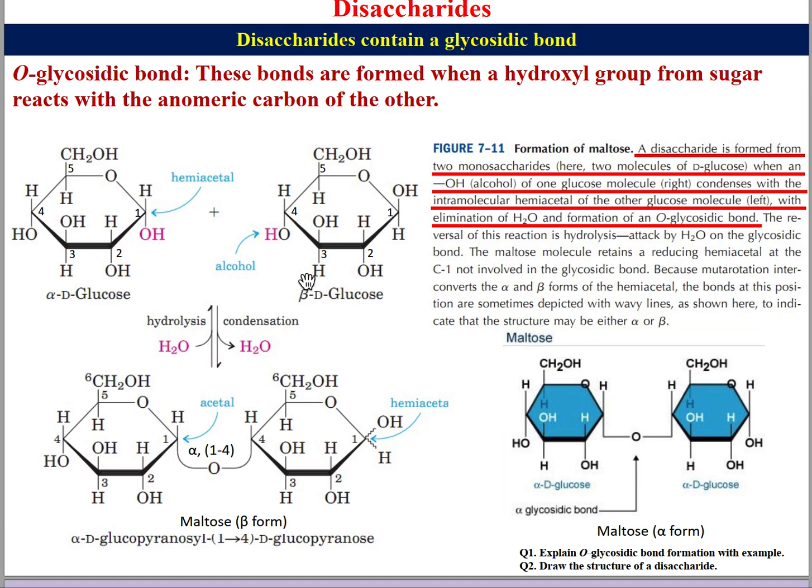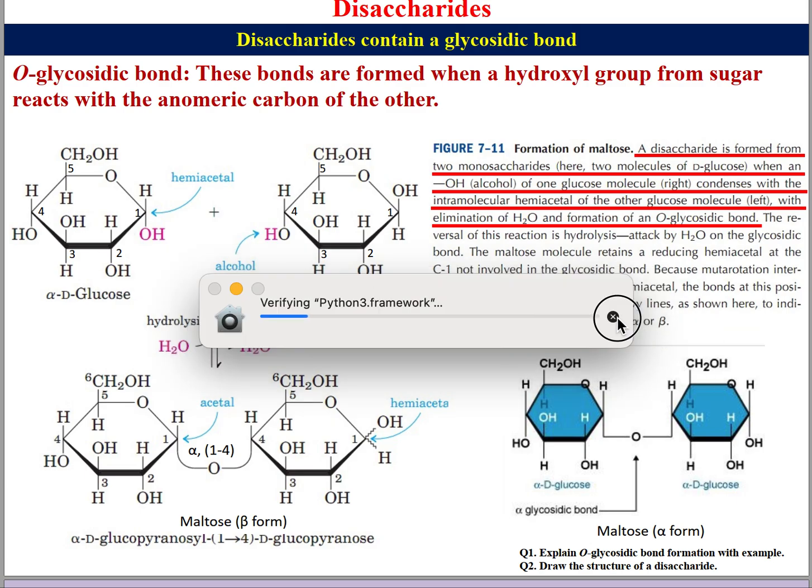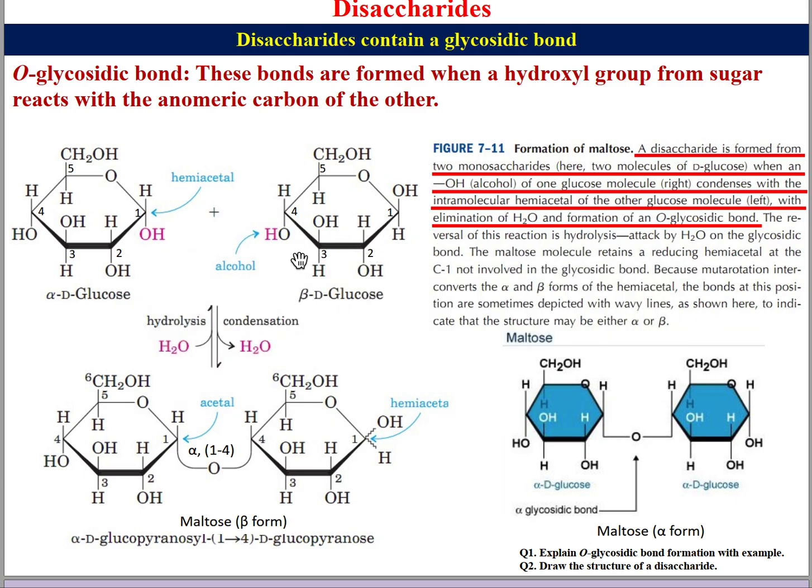Look here, this is alpha glucose and this is beta glucose. We cannot determine the bond name based on this one. We can determine the bond based on this one, because this is the sugar whose anomeric carbon is involved in the bond formation, but here the anomeric carbon is not involved in the bond formation.